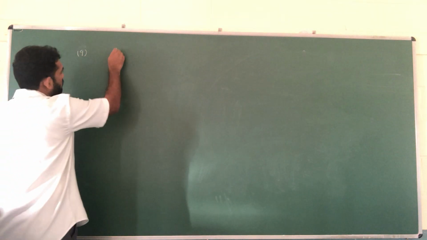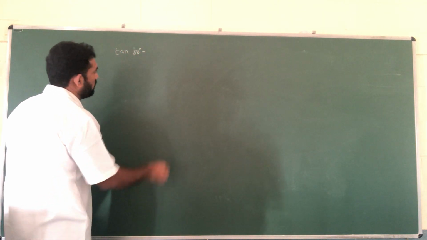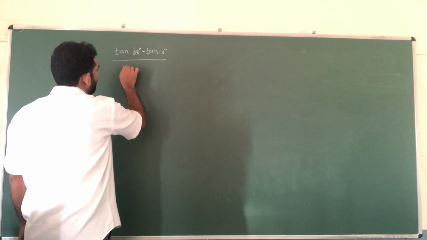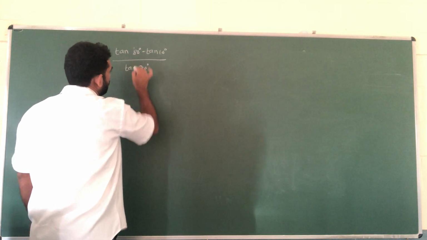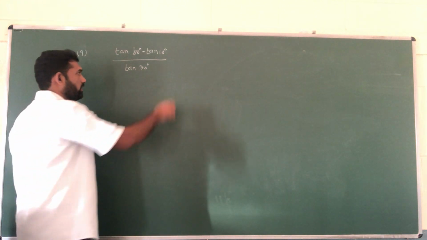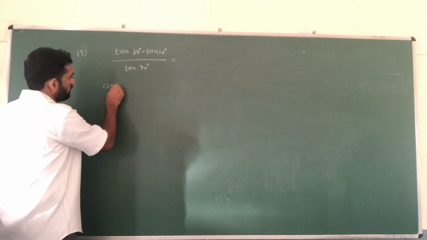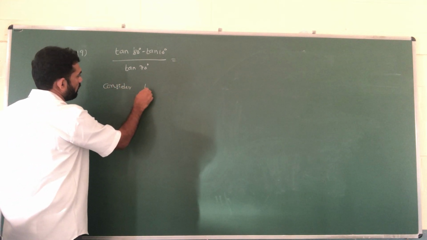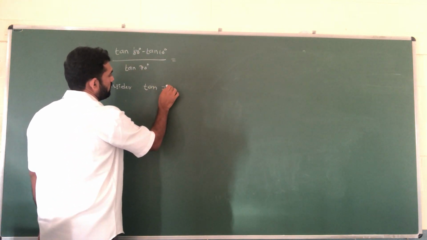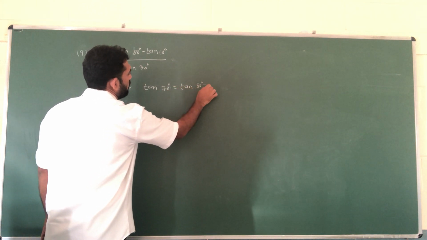Tan 80 degrees minus tan 10 degrees divided by tan 70 degrees. So how much is the value? Here I will consider tan 70 degrees, it is equal to tan(80 minus 10).